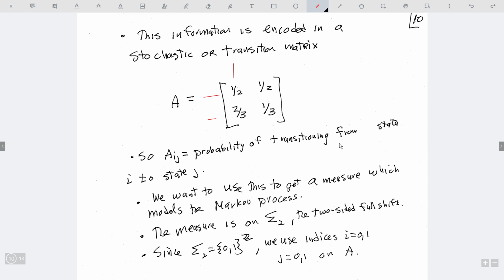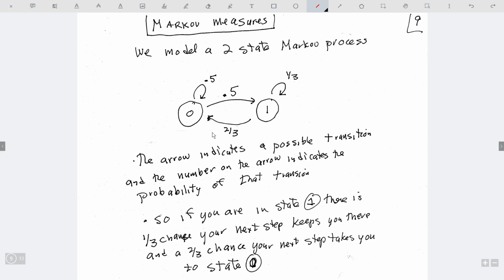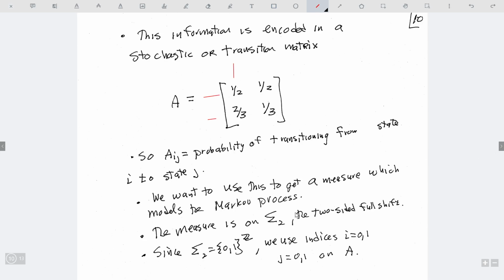And we want now to construct an invariant measure from this, which tells us about the evolution of the Markov process. All right, well, first, we have two states. So we're going to allow a bi-infinite Markov process, which means sequences of zeros and ones. So the measure is going to be on the full shift on two symbols.